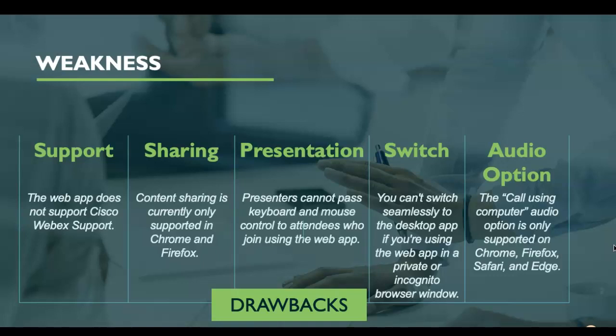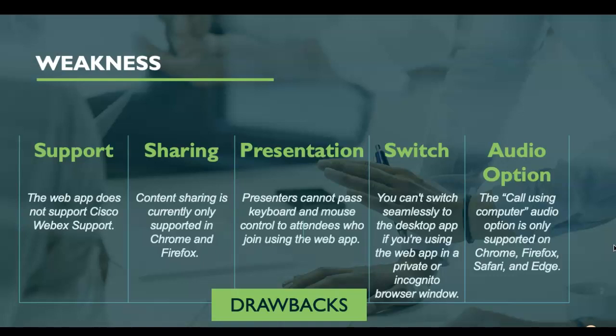As far as the presentation itself, presenters cannot pass keyboard and mouse control to attendees who join using the web app. Now, even though this may be a weakness, it's only a drawback in certain situations where you're trying to get people to engage in certain ways. But there are some features that overcome this weakness because you can actually allow attendees to participate in other ways and you don't have to necessarily give them keyboard and mouse control.